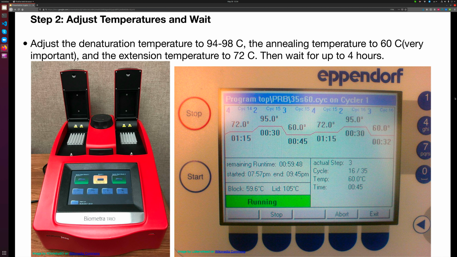It's better to figure it out and check the temperature for the first cycle, just in case you get an issue. So it's better to stop, abort, or exit than to just waste your time using the wrong temperature. And maybe mutations are more common or the efficiency is bad or something like that. That usually happens with issues with the annealing temperature.